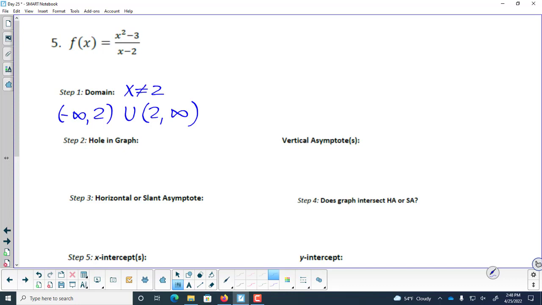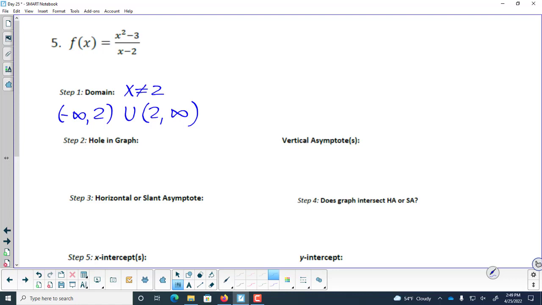At 2, I either have a vertical asymptote or a hole in the graph. One or the other. That's always the situation with whatever makes the denominator 0. So now, can I factor the top? Can I factor x squared minus 3? Not with rational numbers. It would have to be with irrational numbers, and we don't do that, because 3 is not a perfect square.